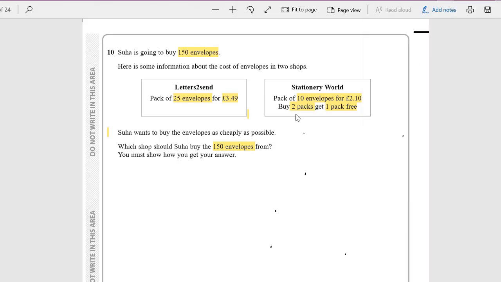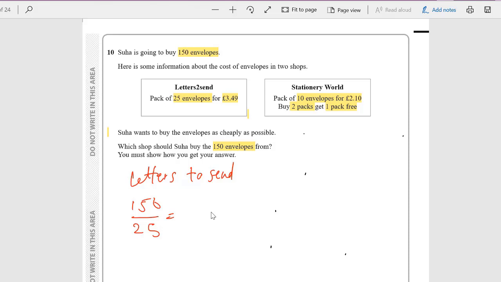So let's work it out. So let's do our letters to send. So we want to buy 150. Divide that by 25, which is in 1 pack.